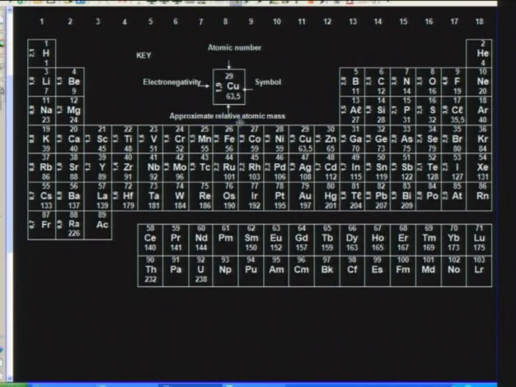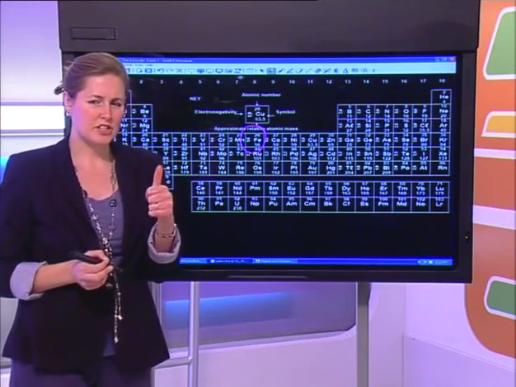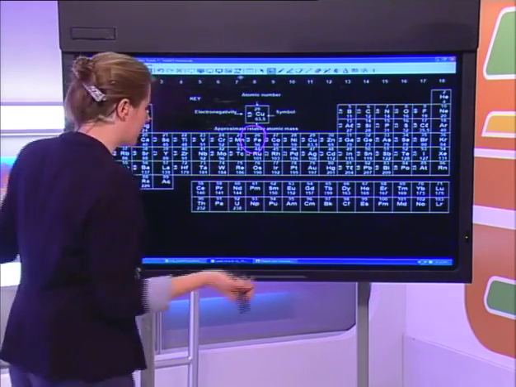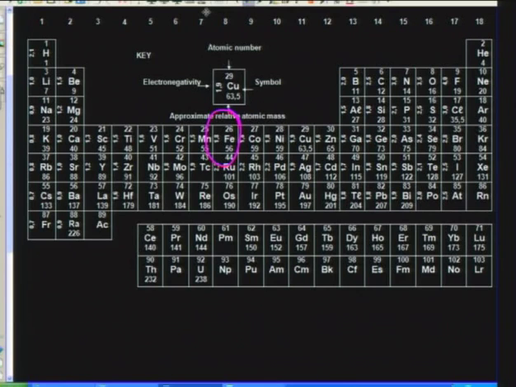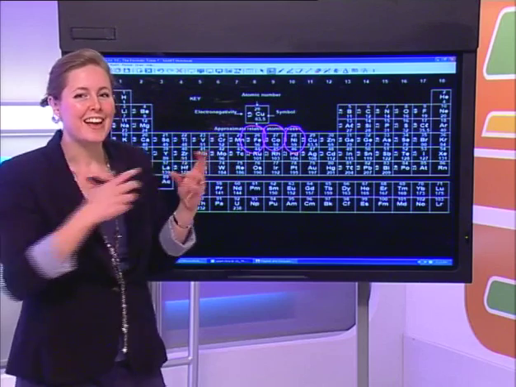There's iron right there, Fe. The other two that I mentioned to you were cobalt and nickel. Where are they on the periodic table? Let's go and have a look. Next to iron, you happen to have cobalt and nickel. So three of them all in a row share this property of being able to be magnetized. Very important that you can identify them, and it's quite simple because they're all next to each other on the periodic table.